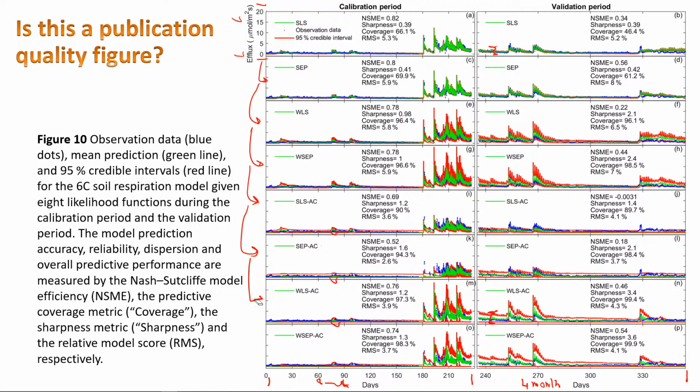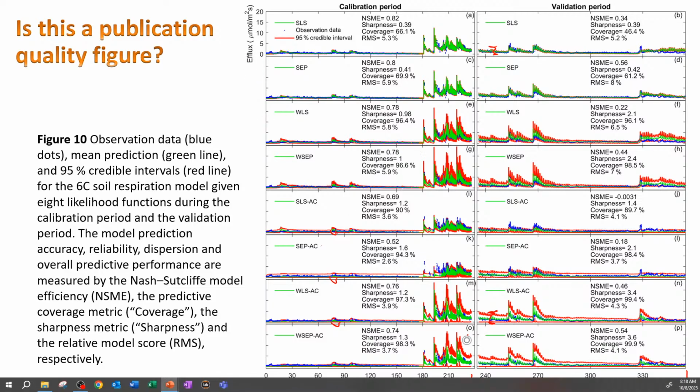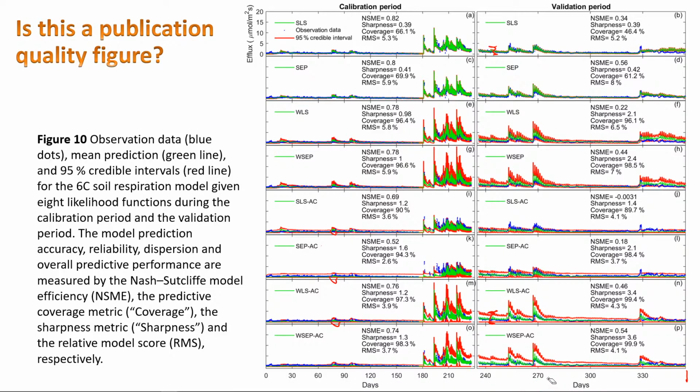But anyway, let's say you don't know anything about this research and, based on the information you have, you want to see which model performed better. We can look at the overall predictive performance, which is shown by the relative modulus score.